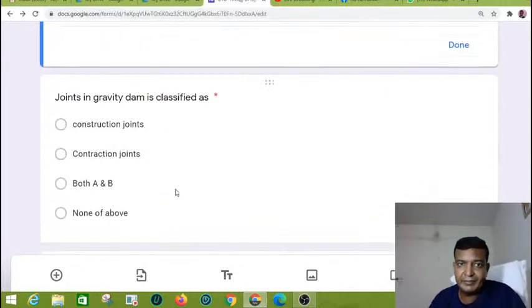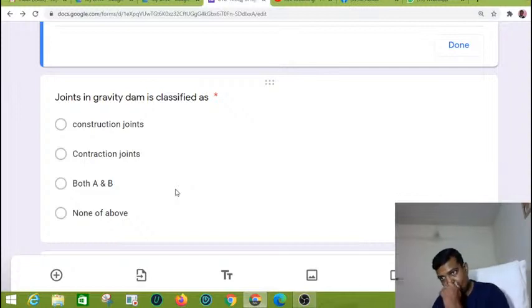Joints in gravity dam are classified as construction joints, contraction joints, or both A and B. Put up your opinion.